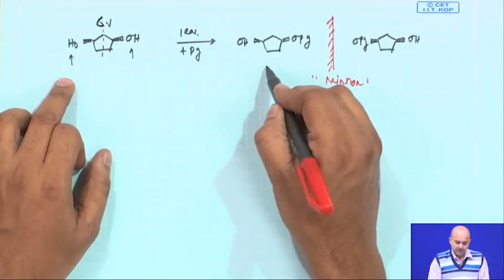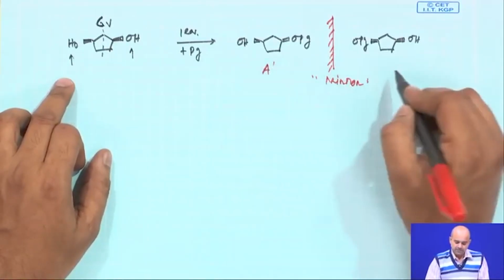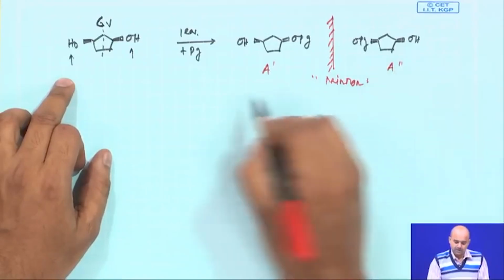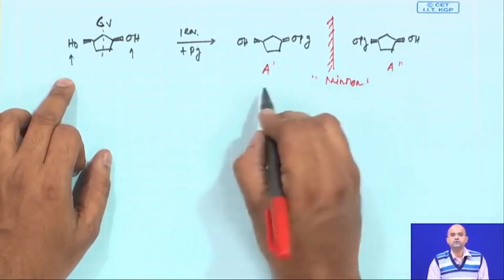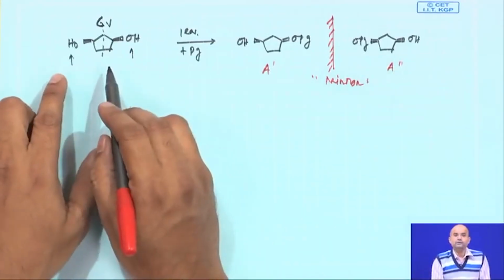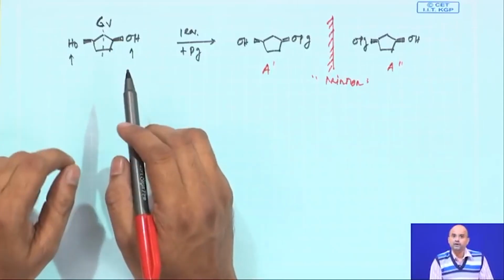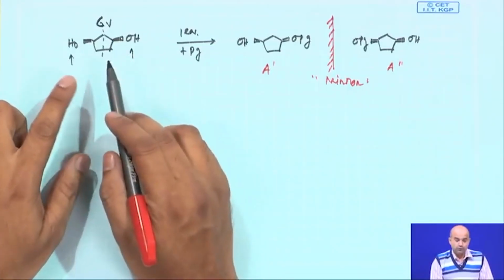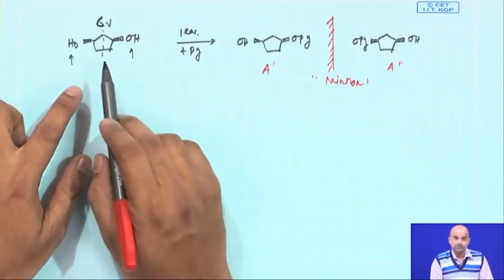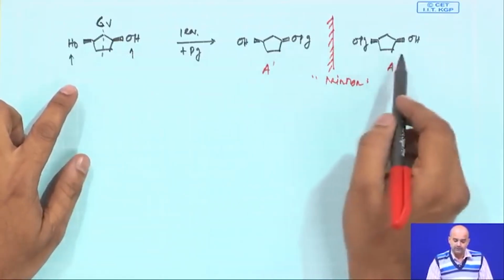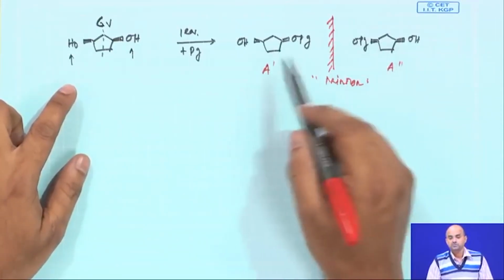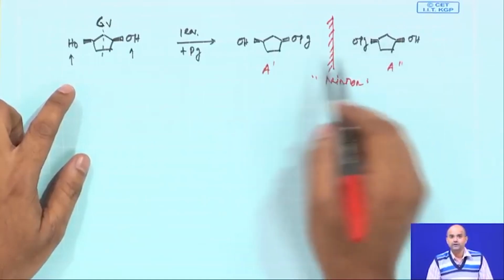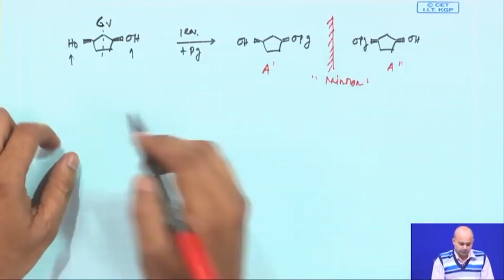So, compound A prime and compound A double prime are enantiomers of each other. If you are not careful about these aspects and you protect this starting material, you will end up with 2 enantiomers. So, you need to be very careful.